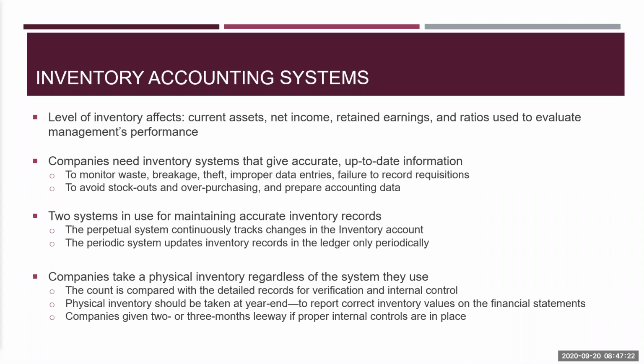Regardless of what system the company picks, whether the perpetual system or the periodic system, they still have to do their physical inventory count on a regular basis. At the least, they need to do a physical inventory count at least once every year.